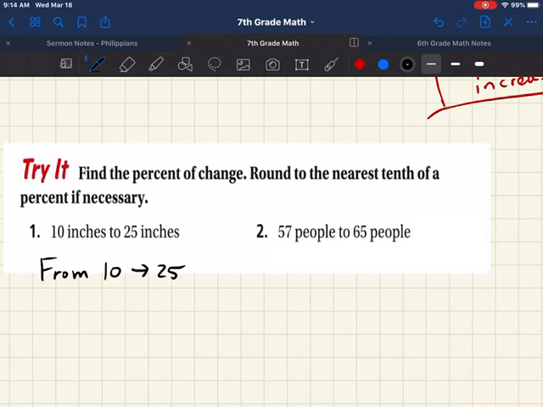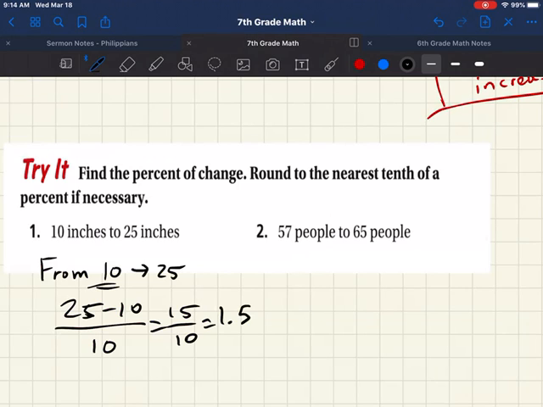Okay, so on this one, we are going from 10 to 25. So my amount of change is 15, 25 minus 10, right? And my original amount, because I took the time to write from something to something else, we know is 10. So we end up with 15 over 10, which is 1.5.